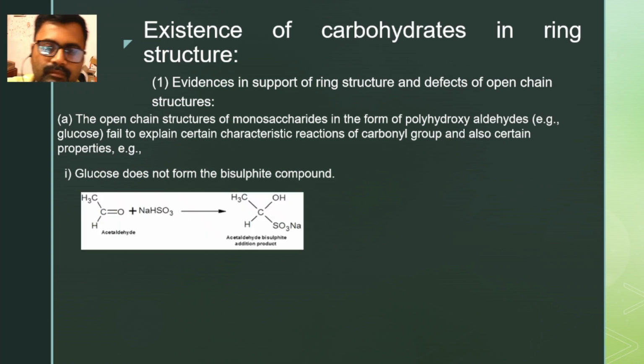When the aldehydic group or the ketonic group is treated with sodium bisulfite, an addition reaction takes place and the bisulfite addition product is obtained. And this formation of the bisulfite addition product is a characteristic test of the carbonyl group.